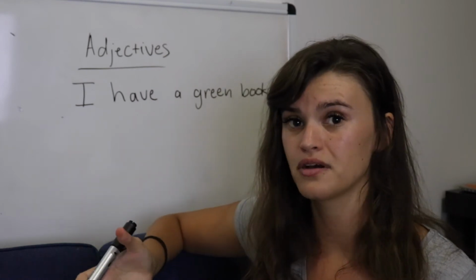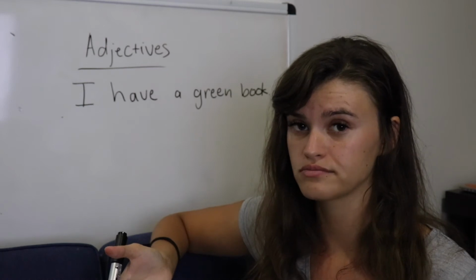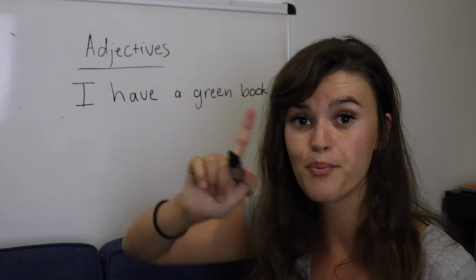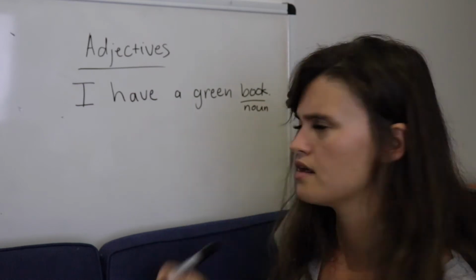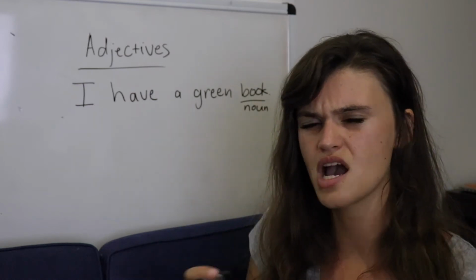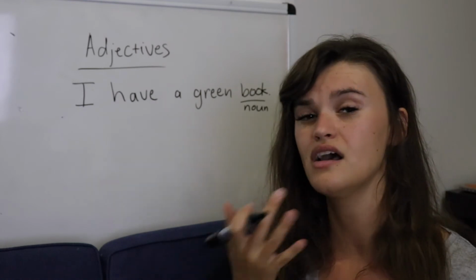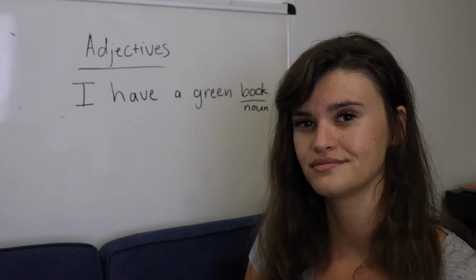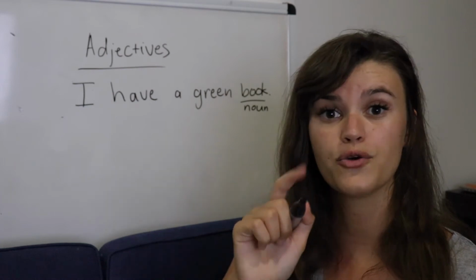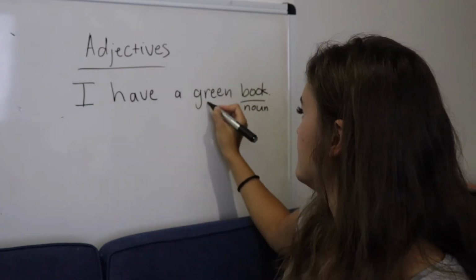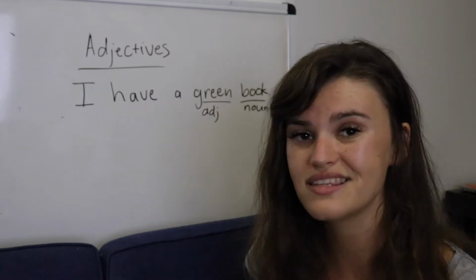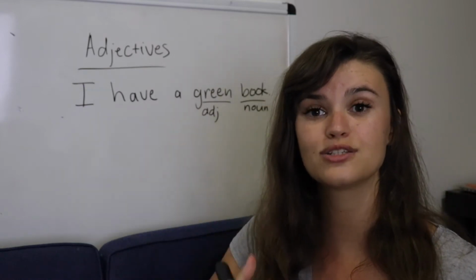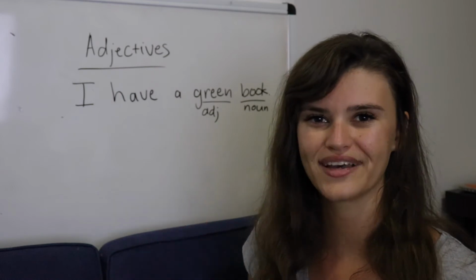A color can't be a noun. Book. And what word tells us something interesting about the book? Green. So that is the adjective because it describes the book.